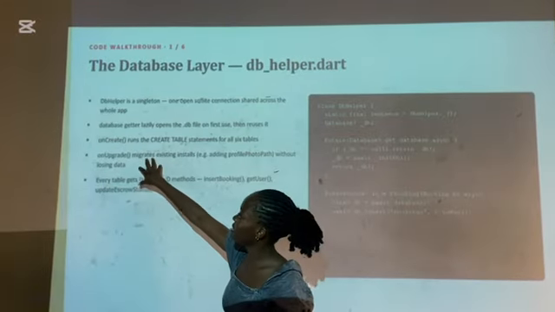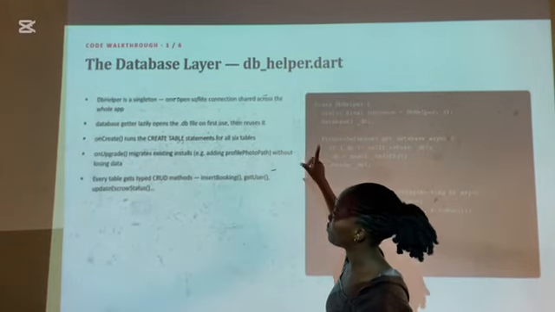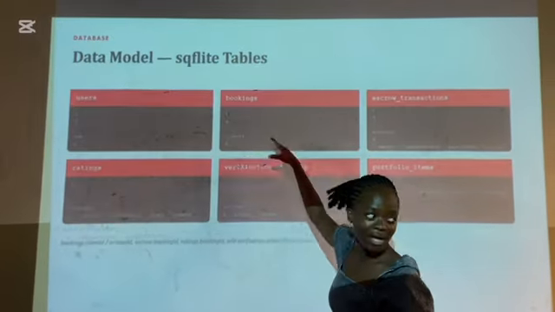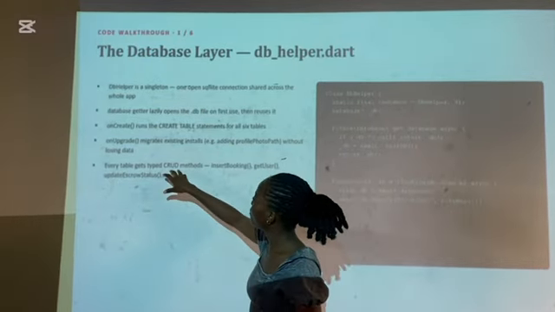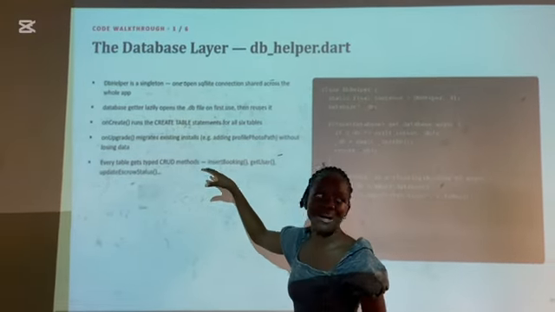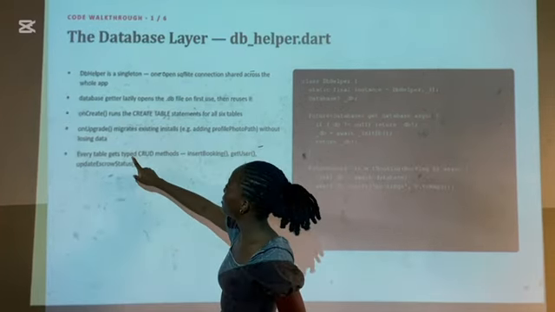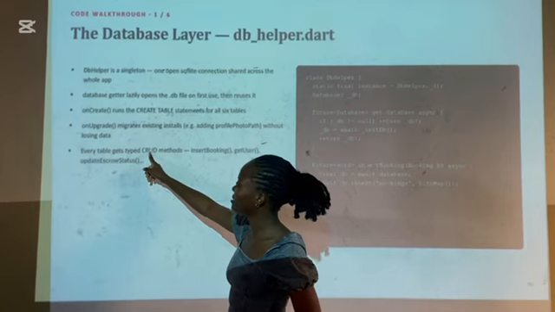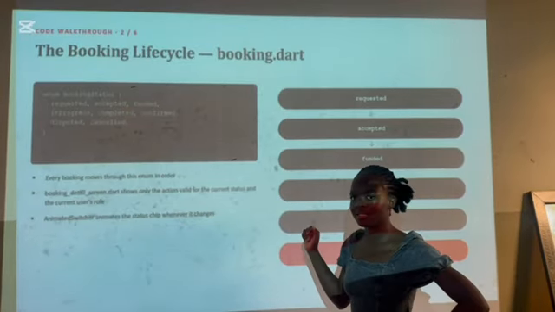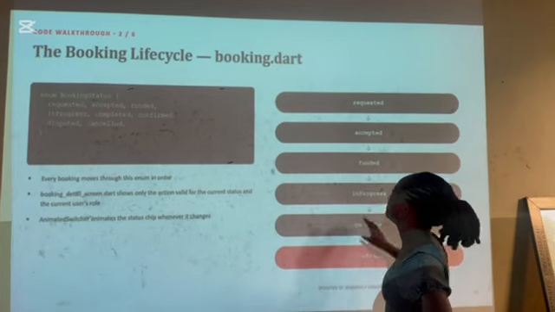The onCreate method creates all the tables for the data models which I mentioned earlier. And then the group methods are methods that can be applied to all the tables in the database: insert, update, and delete.